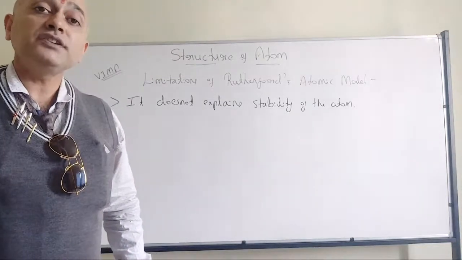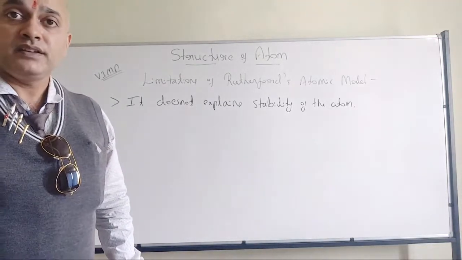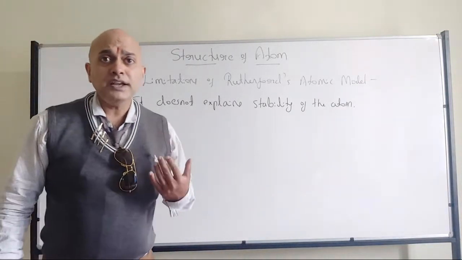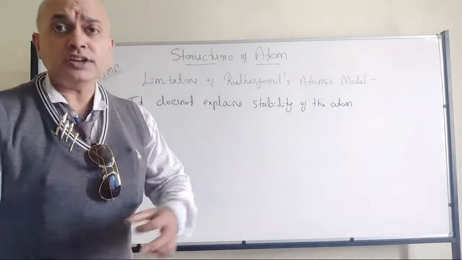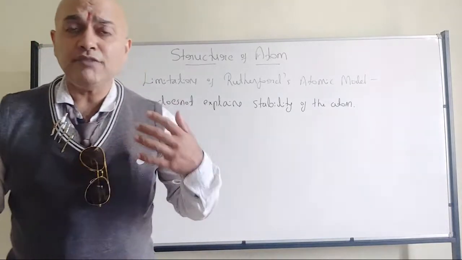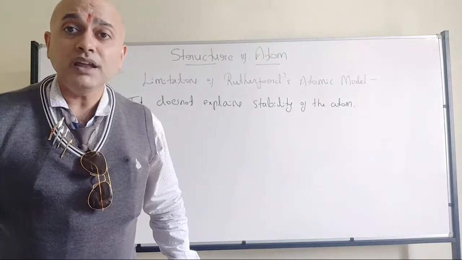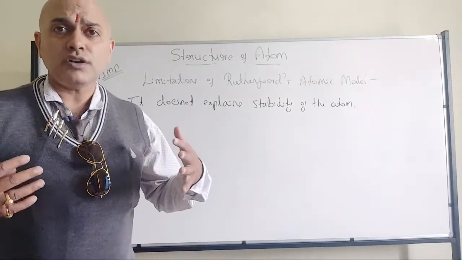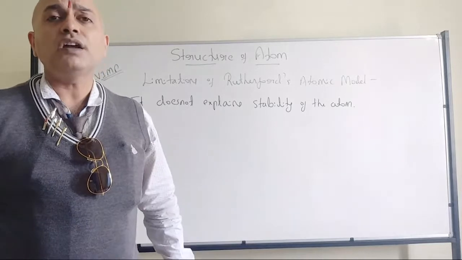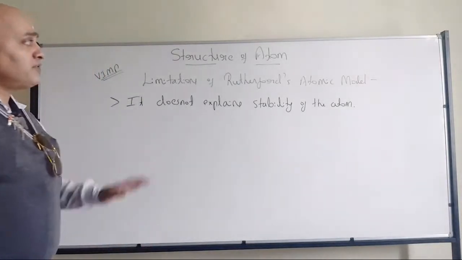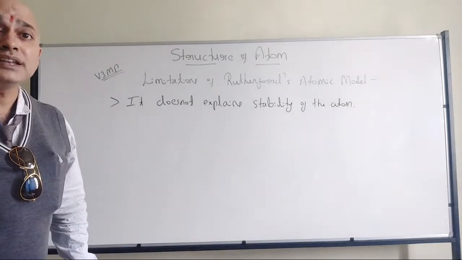Now all of us we know atoms are stable, right? So that's why all of us we are existing. Even I am made up of atom. My shirt, my sweater, this goggle, everything is made up of atoms. Since atoms are stable, all this class or myself or yourself, all of us we are existing, right? But Rutherford didn't talk anything about the stability of the atom.